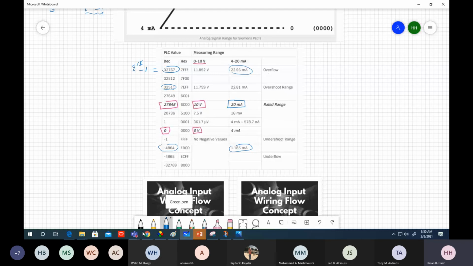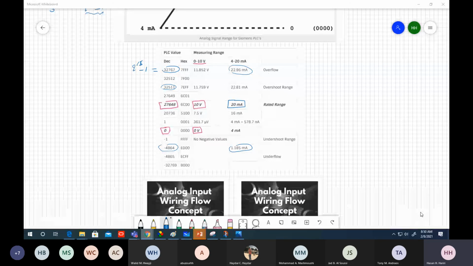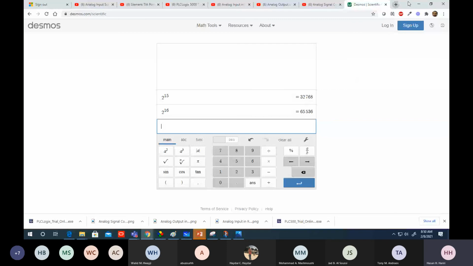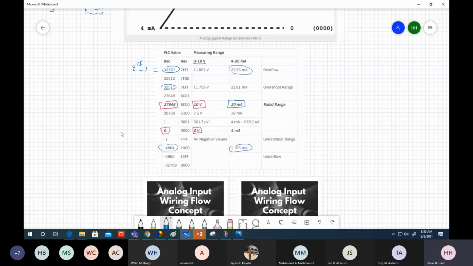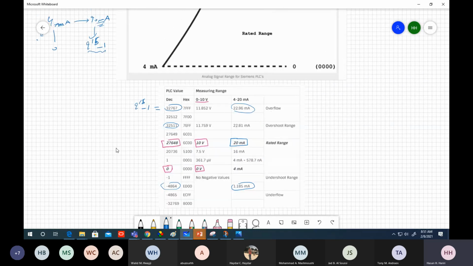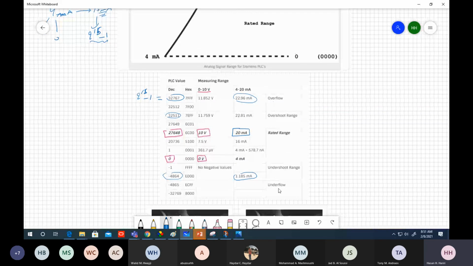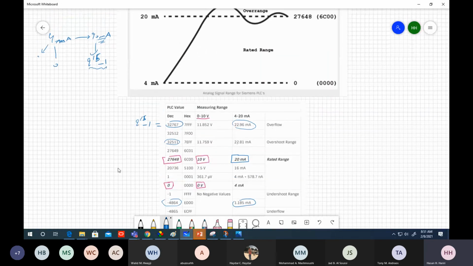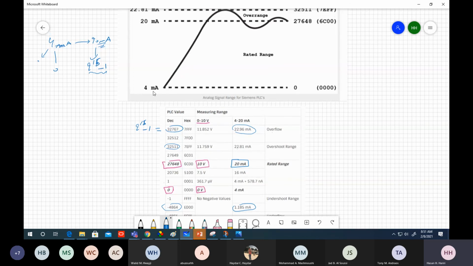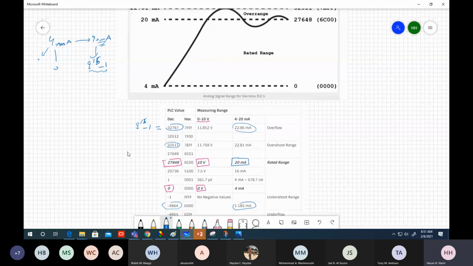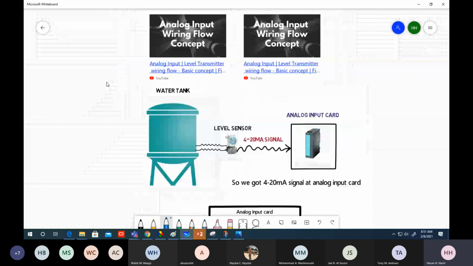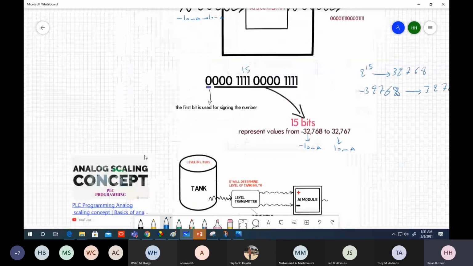That is 2 to the power 15 minus 1, and negative 32768, if it is 16 bit. So having overflow and underflow is a good thing. See this underflow. If the current is lower than expected, they can detect it, for a reason. Maybe you need it.